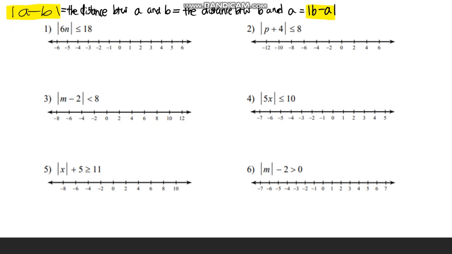Well, the second one doesn't really make sense verbally, but you get the point. A minus b or b minus a, they're exactly the same whenever they're under absolute value signs.